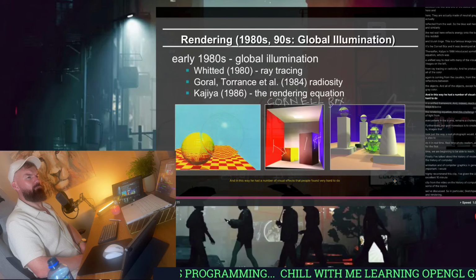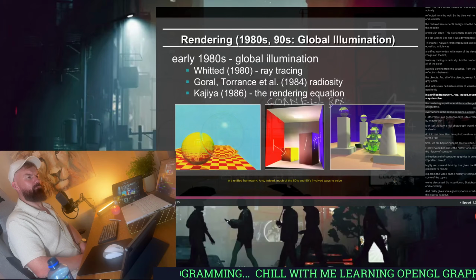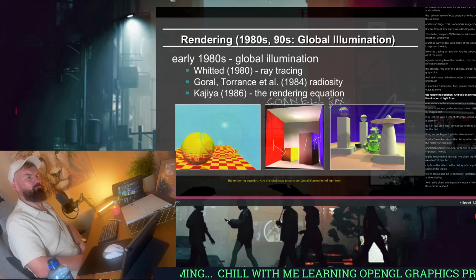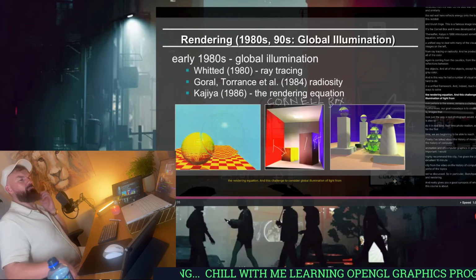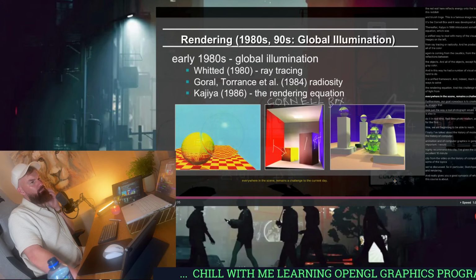And in this way, he had a number of visual effects that people found very hard to do in a unified framework. And indeed, much of the 80s and 90s involved various ways to solve the rendering equation, and this challenge to consider global illumination of light from everywhere in the scene remains a challenge to the current day.